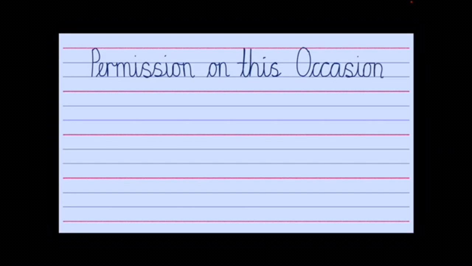Permission on this occasion, and we underline our title. And you'll notice that on and this did not have capital letters. We saved the capital letters for the important words in our title. Permission and occasion.